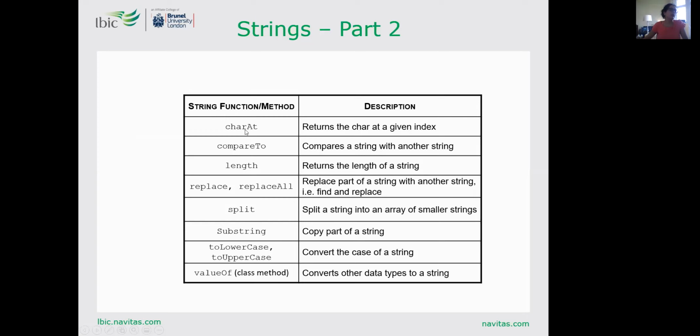For example, for characters, if you want to return a character at a given index, then you need to use this. Sometimes you need to compare one string to another one. For example, you want to see if the user inserted the right name, so you compare it with the predefined default name. So you need to use a built-in function in Java, which is compareTo.